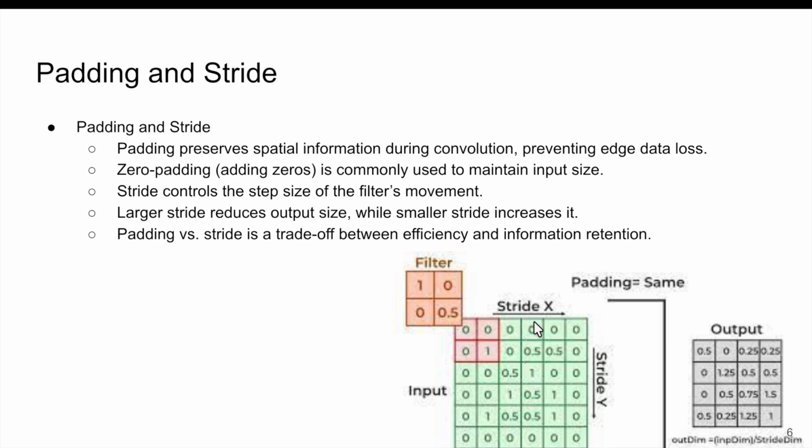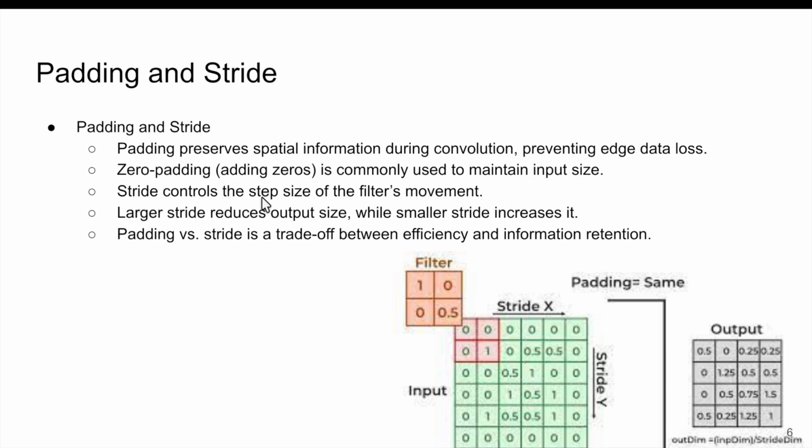So we add zeros at the end of each of the edges, and that results in keeping the edge information. Padding preserves the spatial information during convolution, preventing edge data loss. Zero padding, that is adding zeros, is most commonly used to maintain the input size.